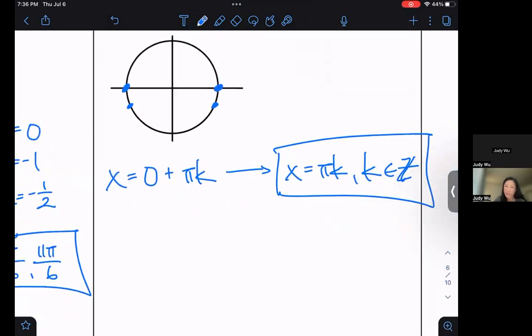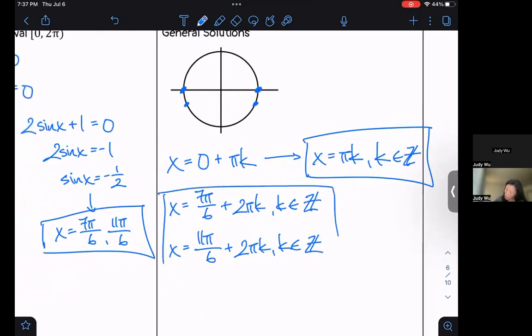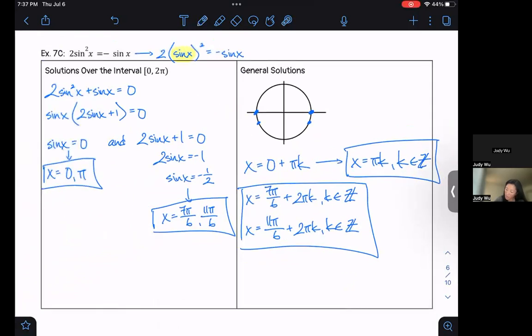So we do have to write those separately. x equals 7 pi over 6 plus 2 pi k, where k is an integer, and x equals 11 pi over 6 plus 2 pi k, where k is an integer. All right, so even though we had 4 over here, we were able to condense 2 into 1, and then the others, we just had to write them the way they were. Okay.